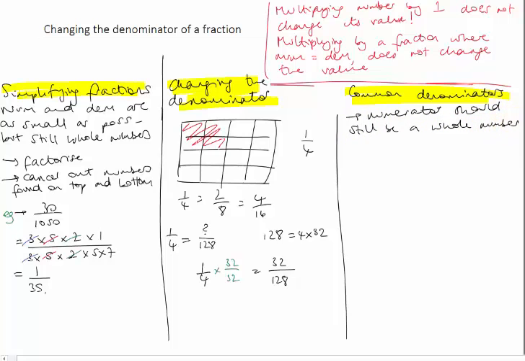So for example, a common denominator for, let's say, 2/3 and 1/6. So how do I go about that? Here, what I can do quite easily is see that 6 is equal to 2 times 3. And handily, we've got a 3 here.